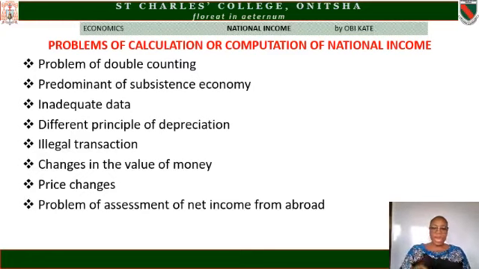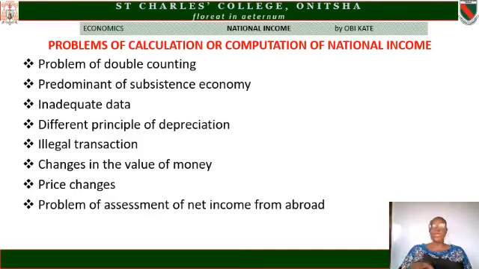Then we have the predominant subsistence economy. That is where people produce for self-consumption. Sometimes they do not offer or present their income for calculation.